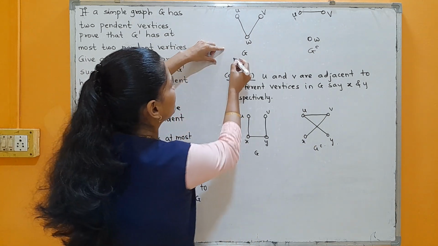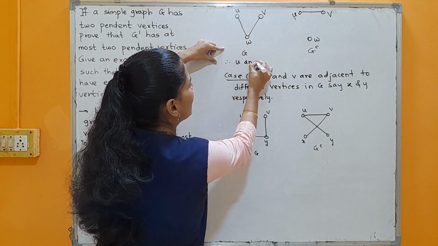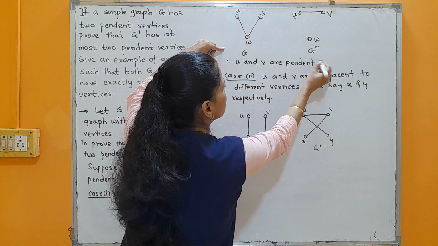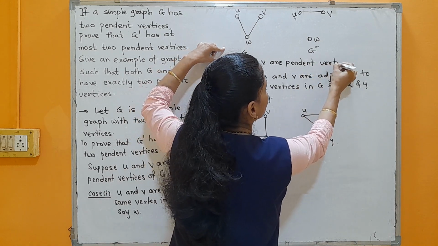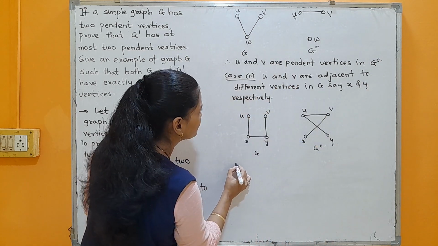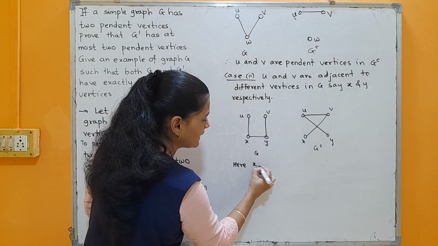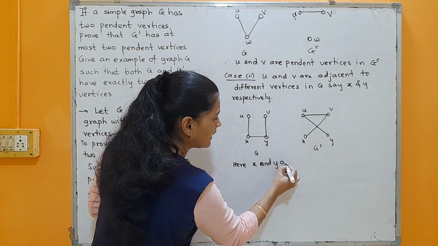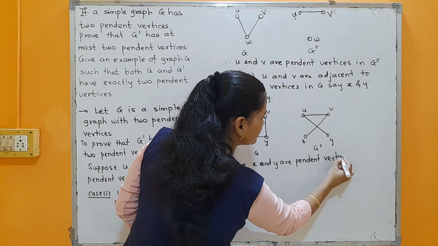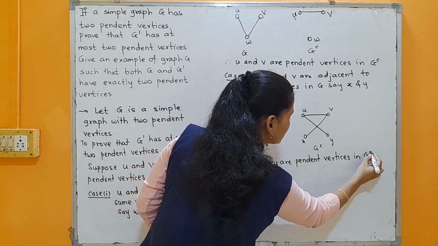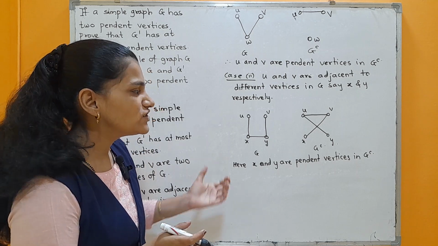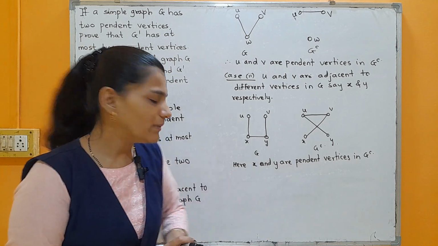Here we have to write, therefore U and V are pendant vertices in G complement, and here X and Y are pendant vertices in G complement. So from both cases we can say that in G complement there are at most two pendant vertices.